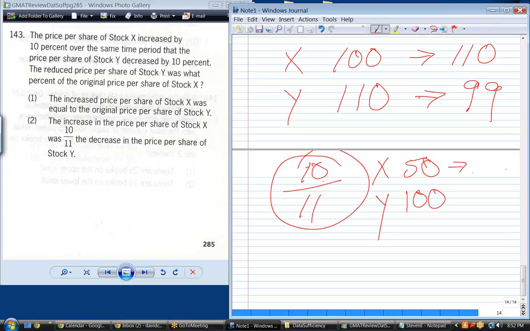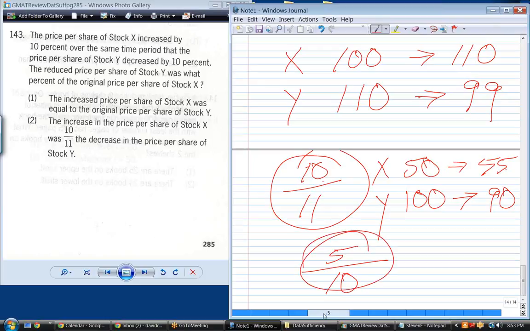So what's X go up to? 55. What's Y go down to? 90. And they want the ratio of X's increase, which is 5, over Y's decrease, which is 10. That's not 10/11ths.